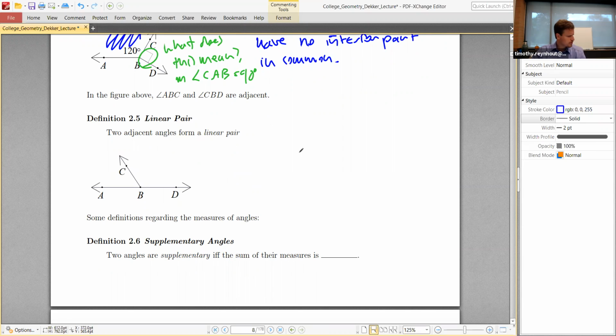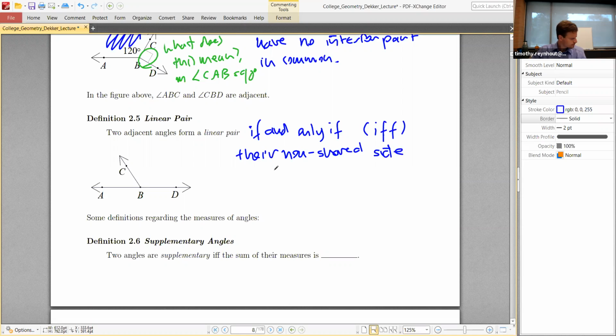But two adjacent angles form a linear pair if and only if, which can be shortened to IFF, if and only if their non-shared sides, or non-shared sides rather, right?